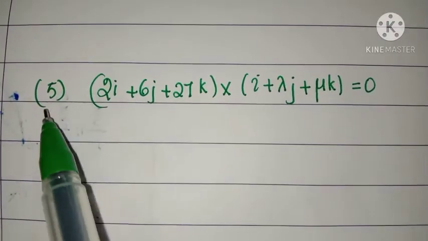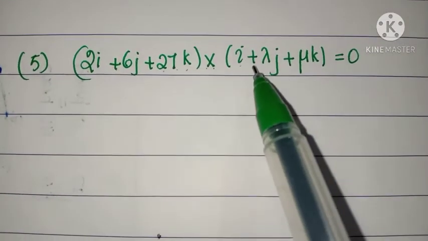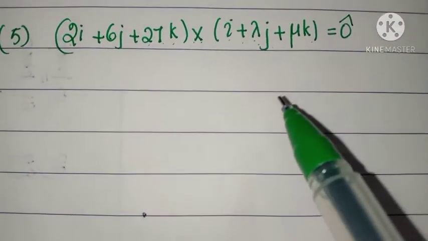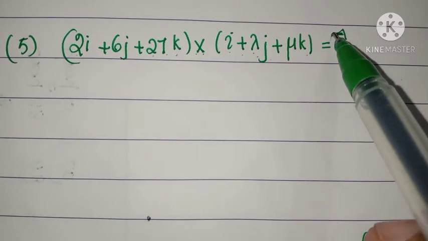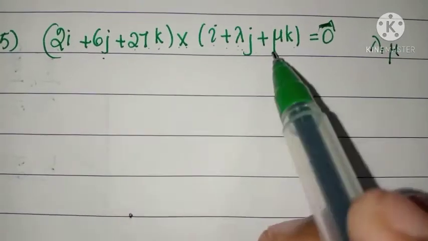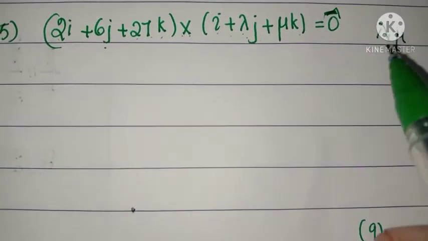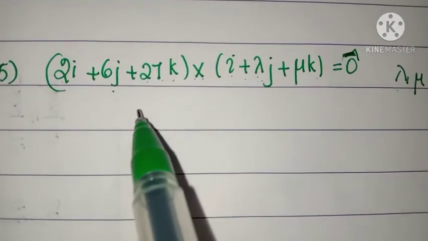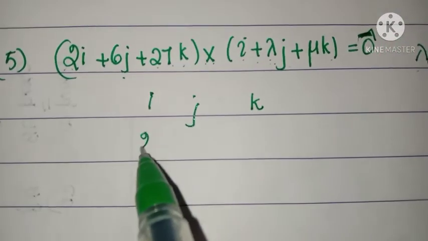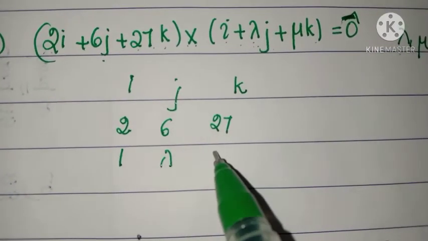Another question, number 5. 2i plus 6j plus 27k cross i plus lambda j plus mu k is equal to vector 0. So we need to find these unknowns lambda and mu. So we have two vectors and cross product is a 0 vector. From this we need to find what is lambda and what is mu. So first row ijk, second row 2, 6, 27, third row 1, lambda, mu.